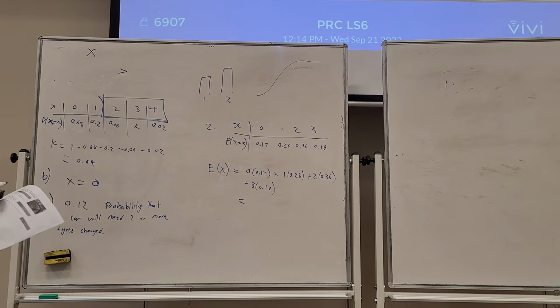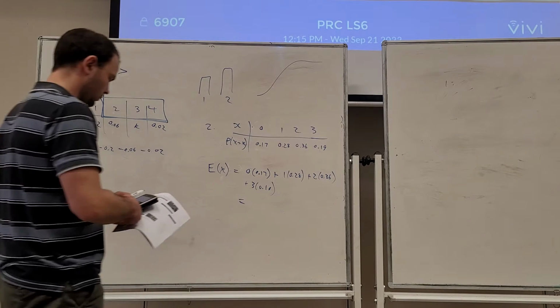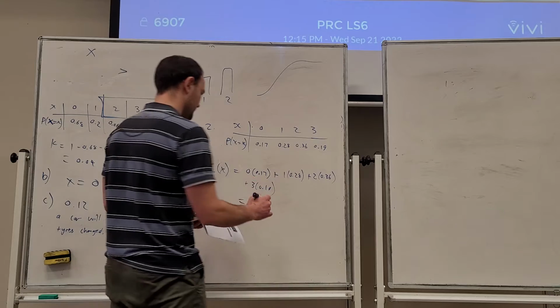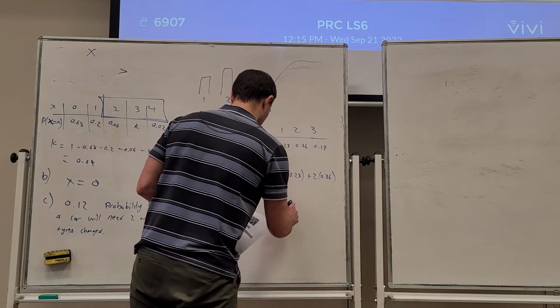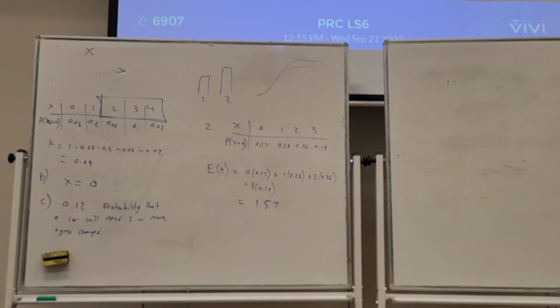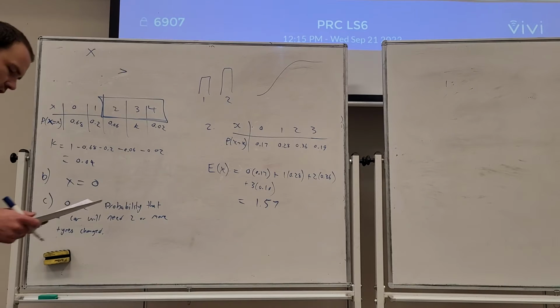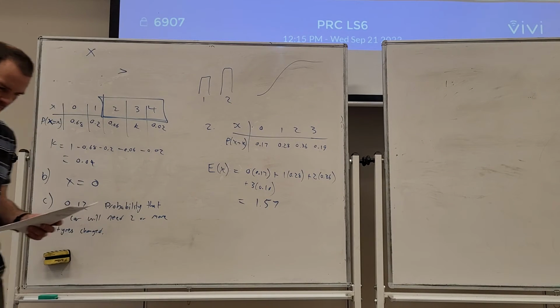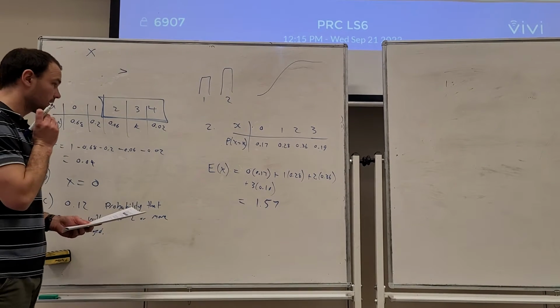So I'll calculate that quickly. 1.57. Okay, so on average, each trip that he goes fishing, he catches 1.57 fish. Excellent.